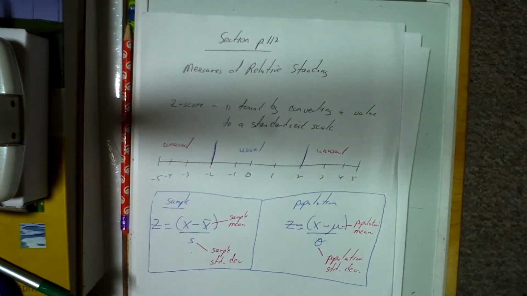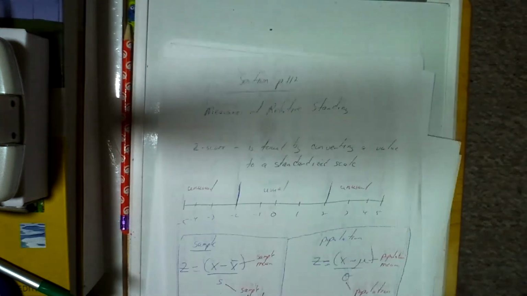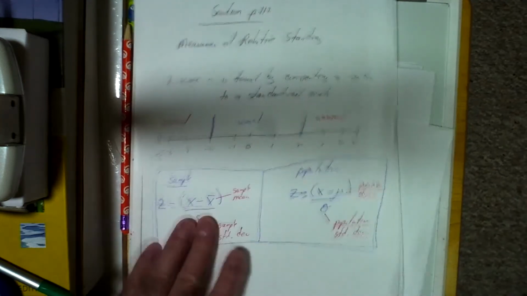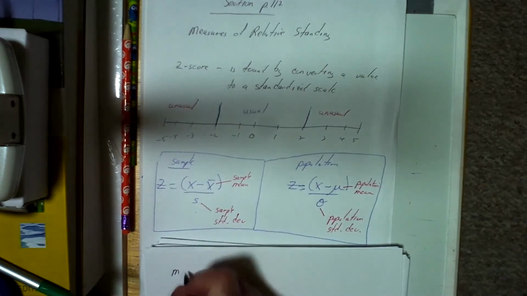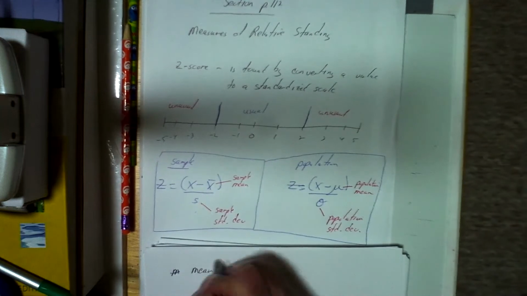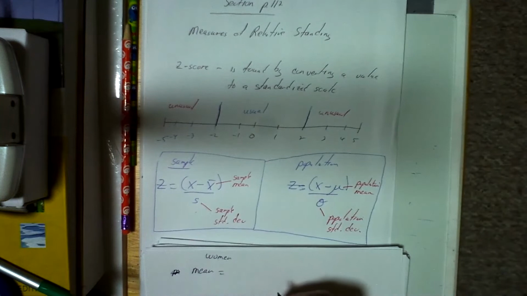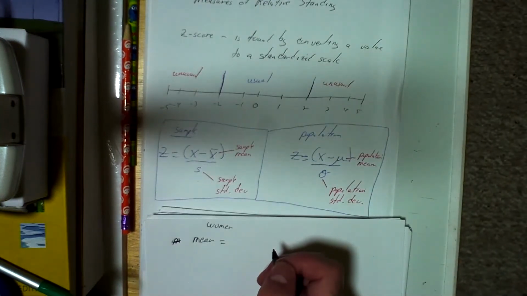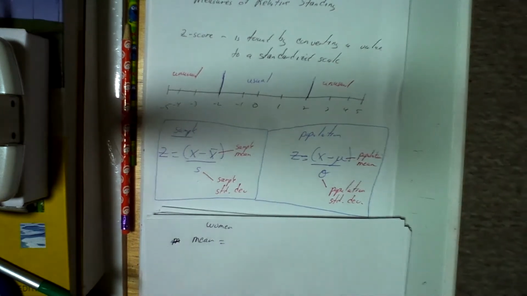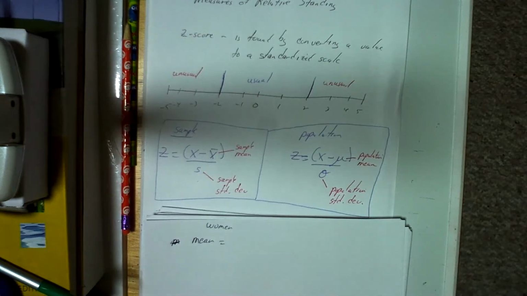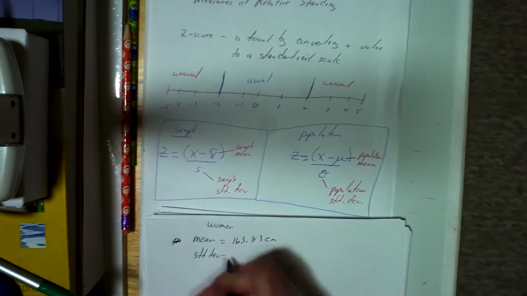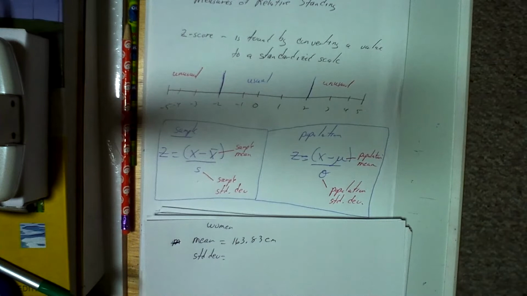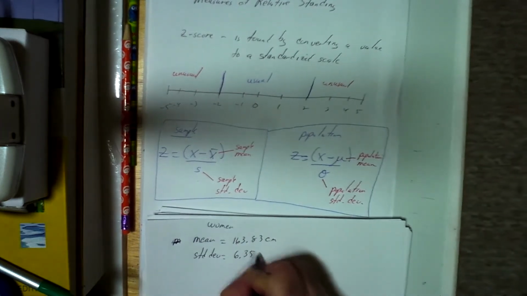In the US, the mean height for women, we'll do the women, is 163.83 centimeters, and the standard deviation is 6.35 centimeters.